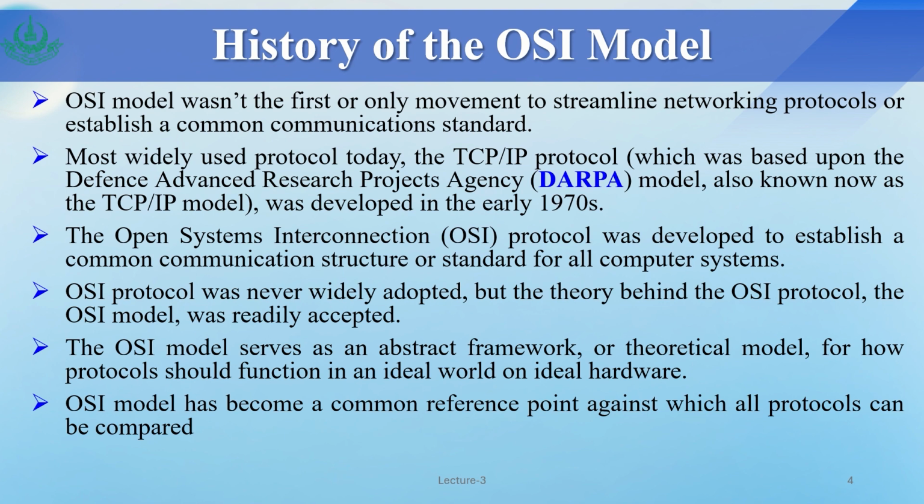The OSI model serves as the abstract framework or theoretical model for how protocols should function in an ideal world on ideal hardware. The OSI model has become a common reference point against which all protocols can be compared.